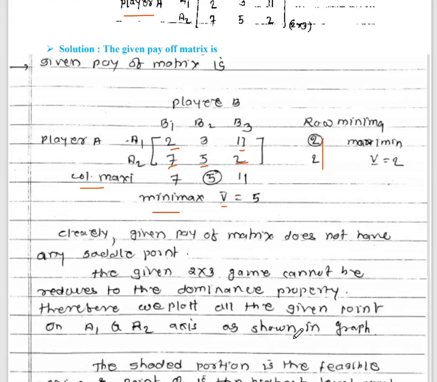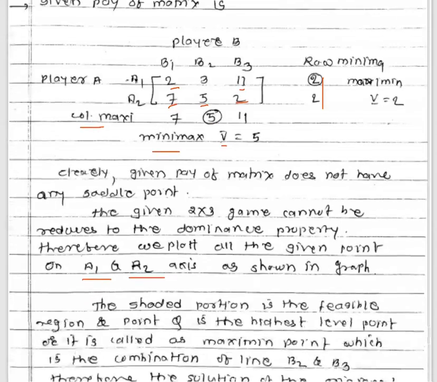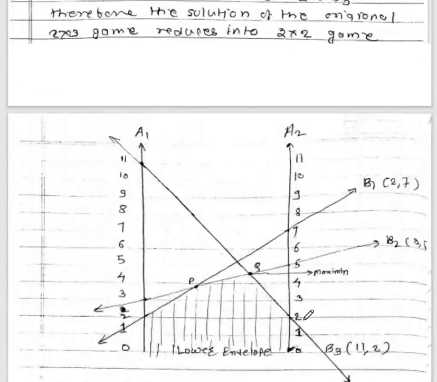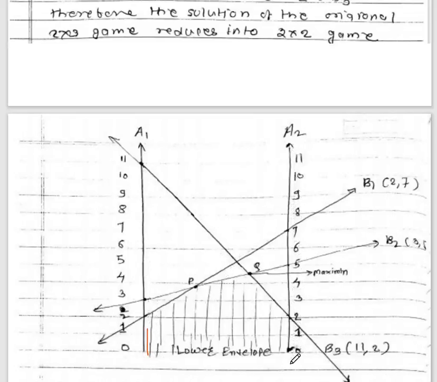First of all, we plot all the points on the a1 a2 axis as shown in the following figure. Let us take the a1 axis, then the a2 axis.